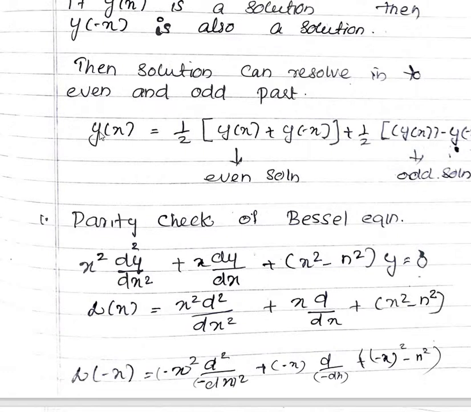So in general, the solution or function y of x can be written as half y of x plus y of minus x plus half y of x minus y of minus x. So this is an even solution, this is an odd solution.